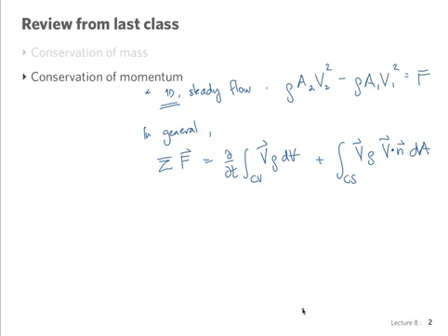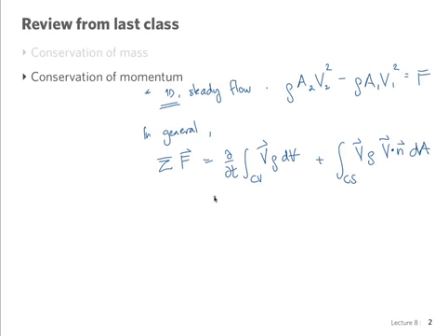This is the most general form, but we know that many times it will simplify. It looks a little bit daunting, but the way it simplifies, many times the situation is steady, so this term is equal to 0. And of course, if we choose the control volume wisely, such that this dot product here, for example, if the velocity is always perpendicular to the control surface, and we are free to choose the control volume in that way, then this simplifies quite a bit, and we don't have to worry about those integrals and so on.